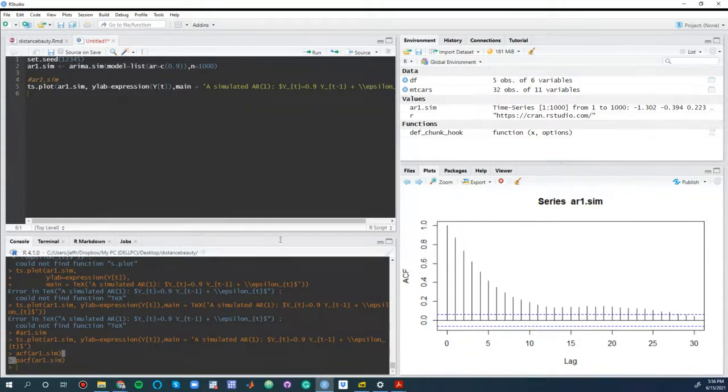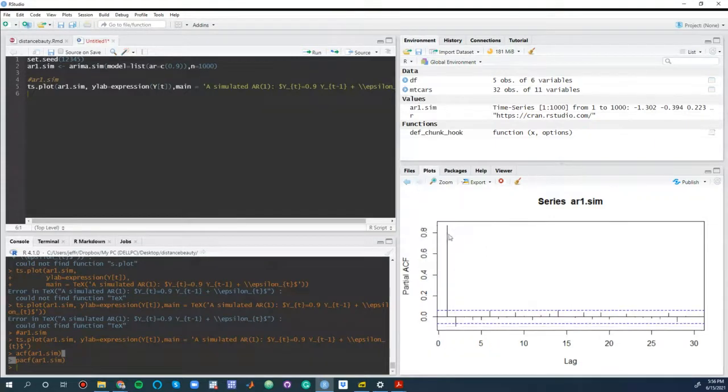Whereas for the PACF, as you can see for the AR1 model, once the first period goes down, the PACF becomes very, very small. So if we see a PACF with a first period spike, and the rest of the periods within the small confidence interval around zero, then this will be an AR function.